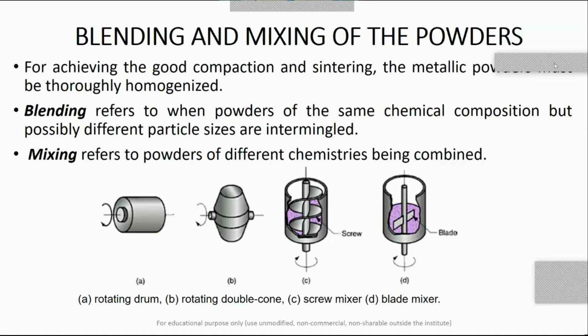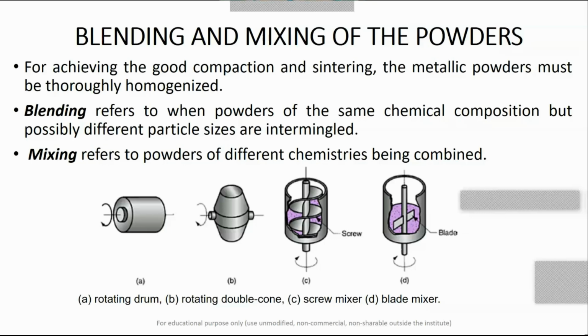Okay. Then we'll discuss the mixing of these powder particles, different metallic powders. Once you have the powders in your hand, the next step is to mix the powders. If you want to make an alloy composition, or some ceramic composition, then you need to mix all these powders thoroughly, because for achieving good compaction, sintering, and good mechanical properties, these metallic powders must be thoroughly homogenized.